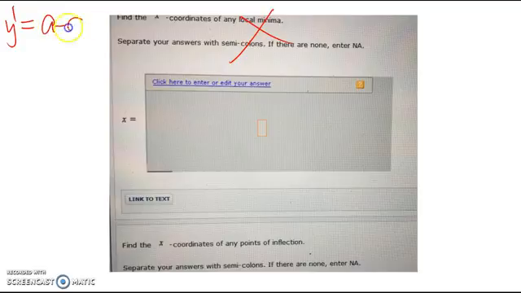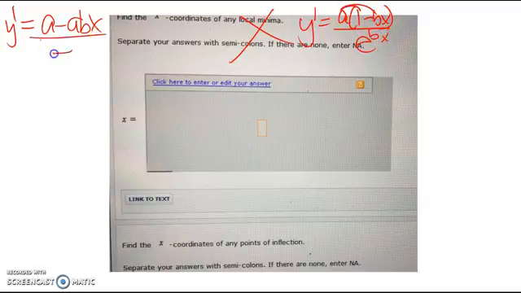I had it written here as y prime equals a times 1 minus bx over e to the bx. So I just multiplied through the a. And now we're going to use this to find the second derivative.